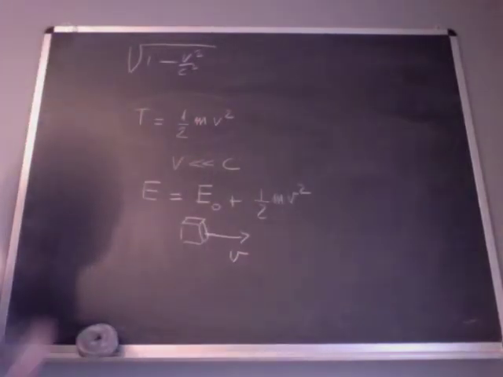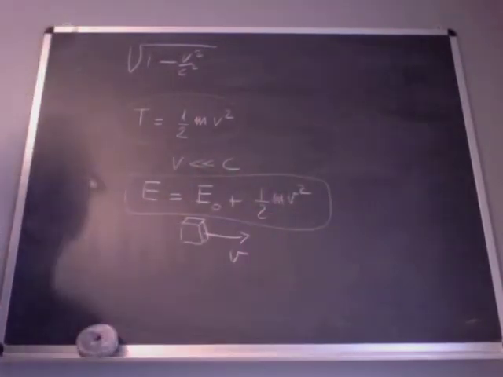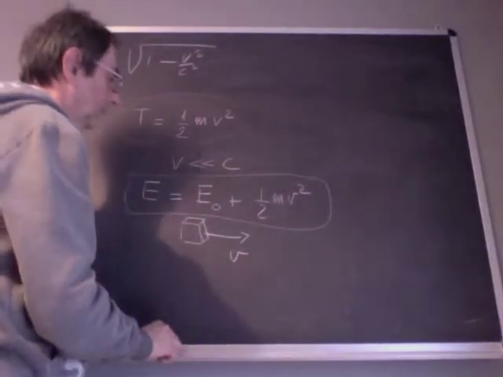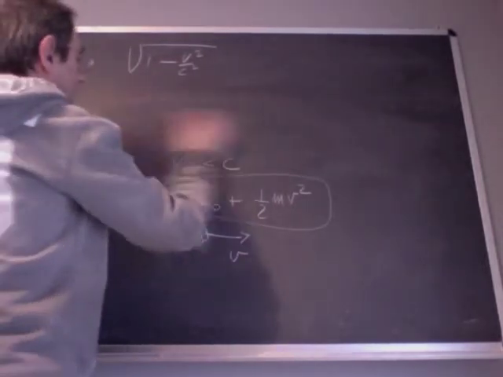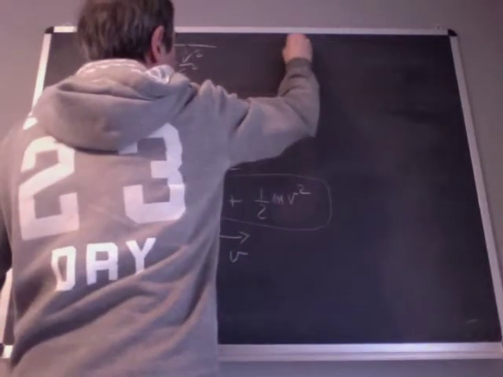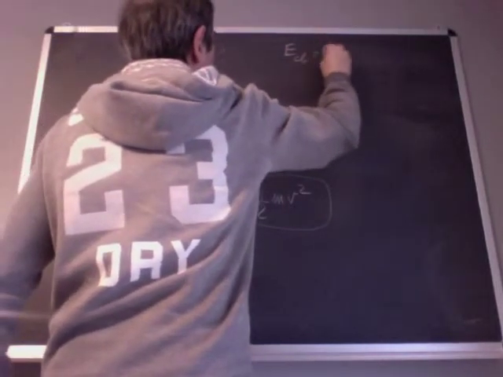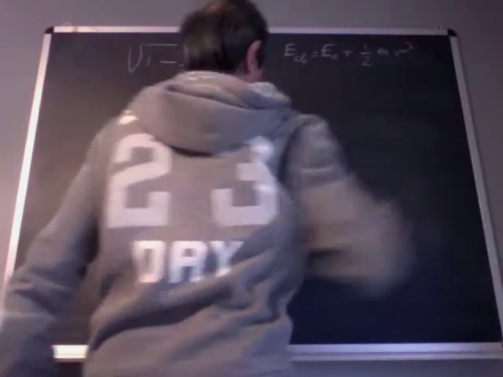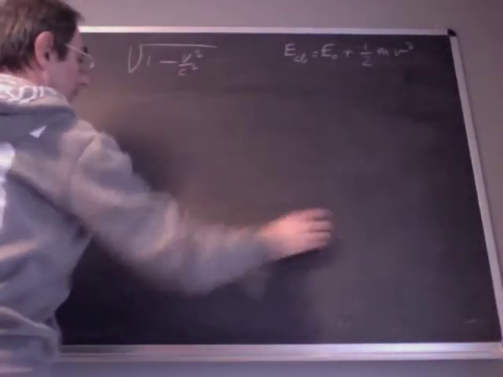So the formula that we must find in the classical limit is just this one. Let me write it in this corner. Energy classic is equal to rest energy plus 1/2 mv squared.